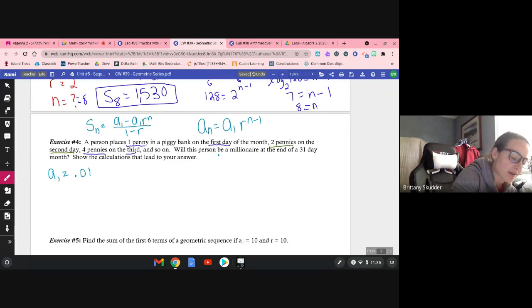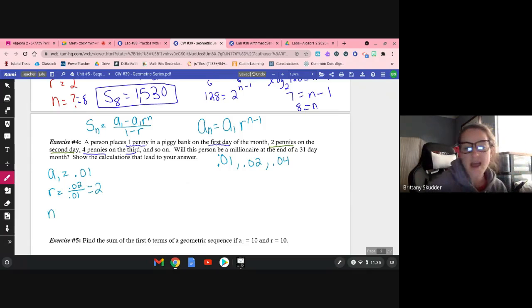So if my pattern is 0.01 and then 0.02, and then the third day was 0.04, in order to find our R, you're going to do 0.02 divided by 0.01, and you'll get 2. And the number of terms, we know how many days. They told us right here, 31 days.